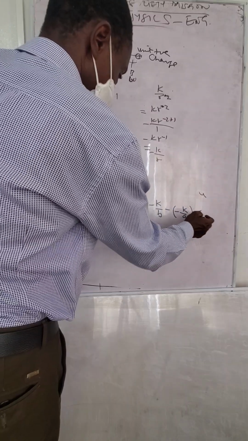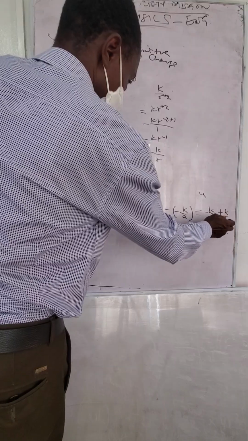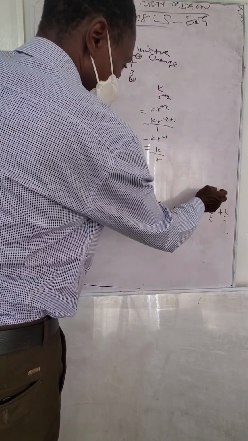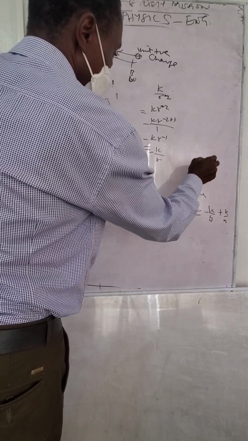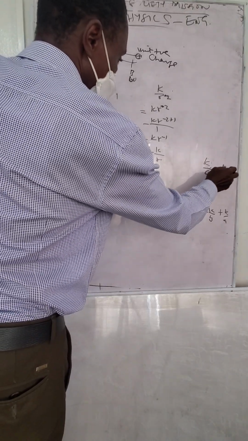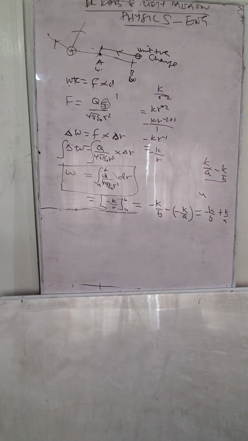So here is going to be what? Minus k over b plus k over a. Okay, which is the same as k over a minus k over b. Let's note this so that when you're writing it, you don't make a mistake.